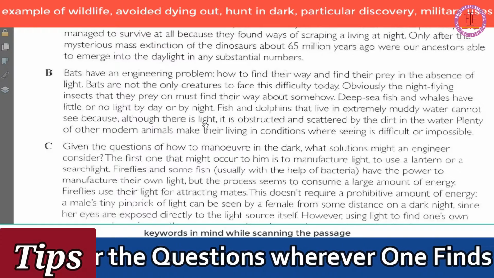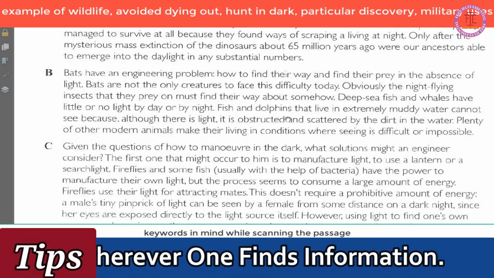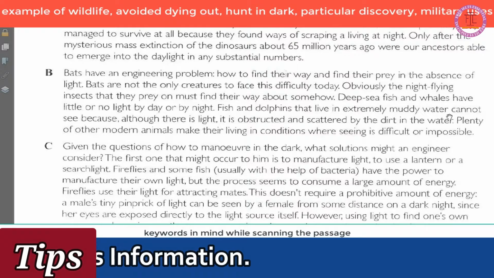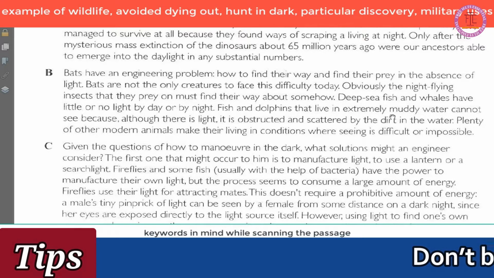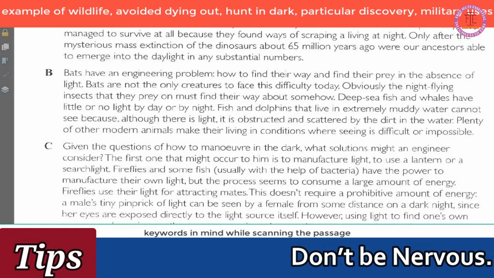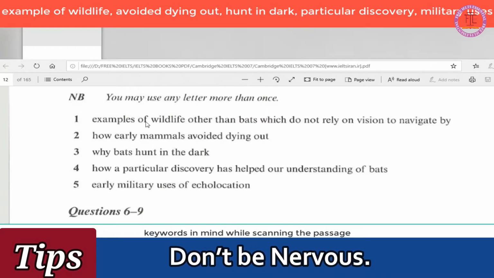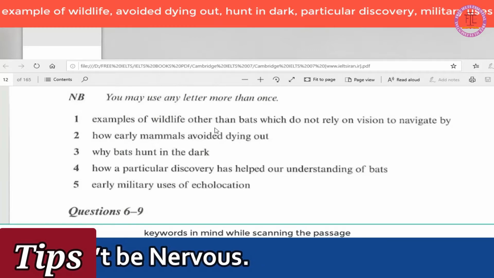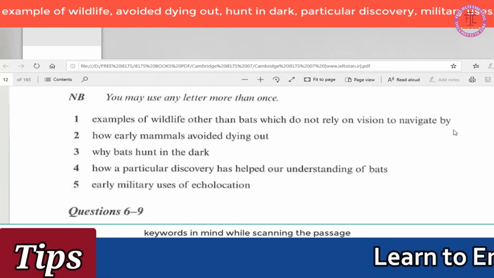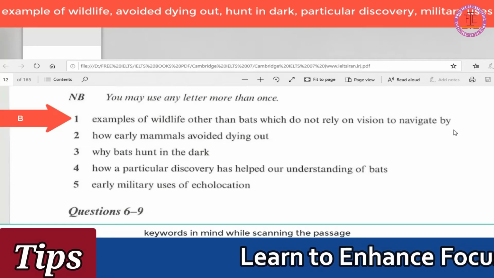So I believe that again this is the fish and dolphins that live in extremely muddy water cannot see. So this is the wildlife. The question, it was definitely question number 1, example of wildlife other than bats. So surely the answer to question number 1 is B, because it is in passage B.